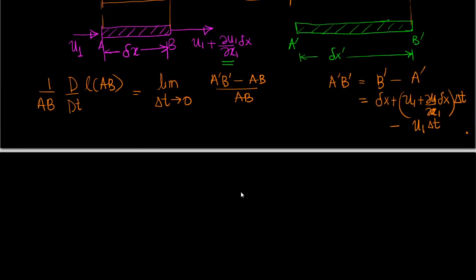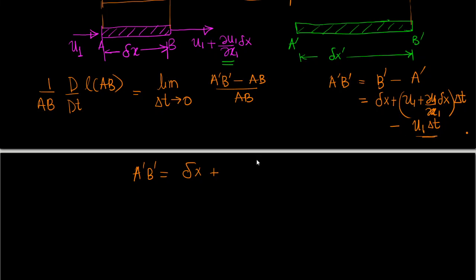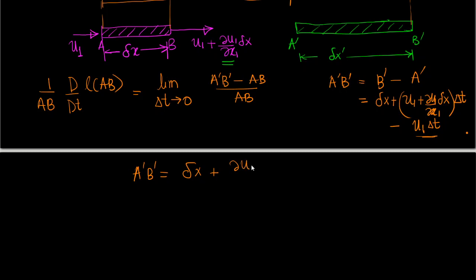So A prime B prime is delta x plus, now u1 delta t will cancel with this u1 delta t, and we will be simply left with del u1 del x1 delta x delta t. Now we can recognize delta x to be the length of fluid element AB. So this is equal to AB.